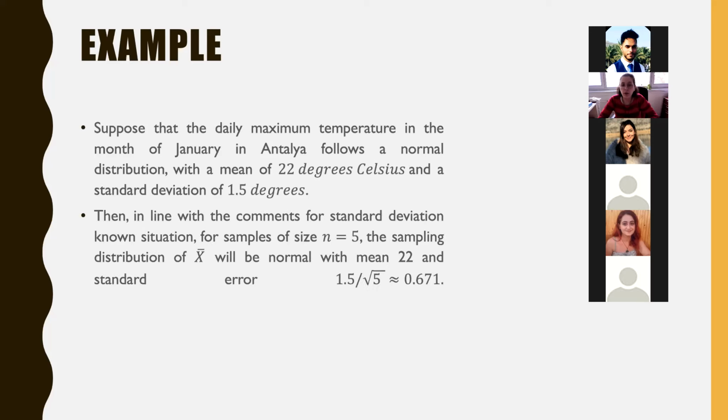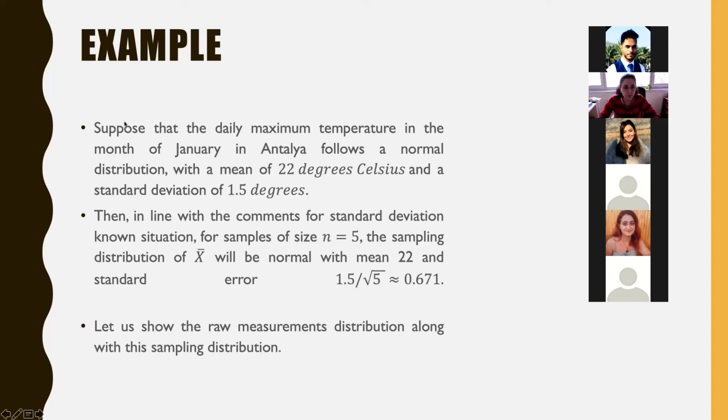Then, in line with the comments for the known standard deviation situation, for samples of size n equals 5, the sampling distribution of x bar will be normal with mean 22 and standard error of almost 0.671. Okay? So now we are going to generate some raw distributions along with the sampling distribution and try to get the idea of what is going to happen.